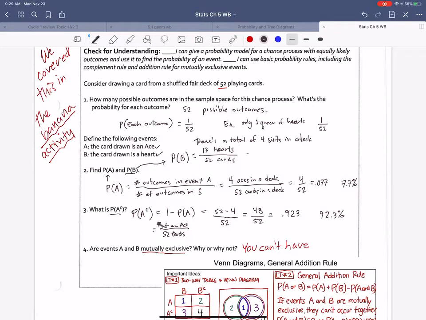So that would be equal to this fraction, which would be equal to this decimal, which would be equal to this percent.